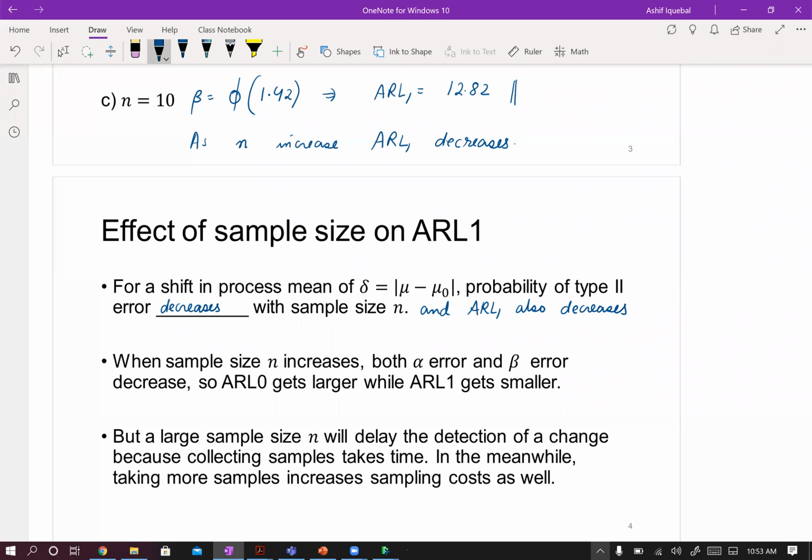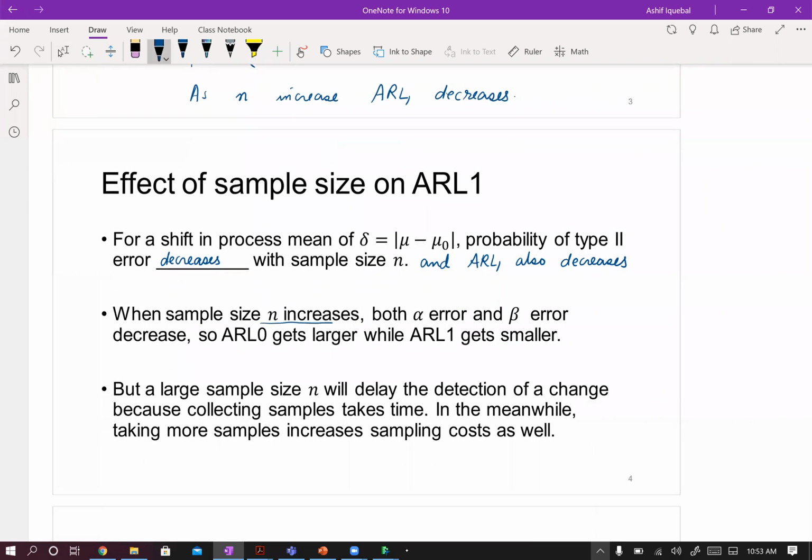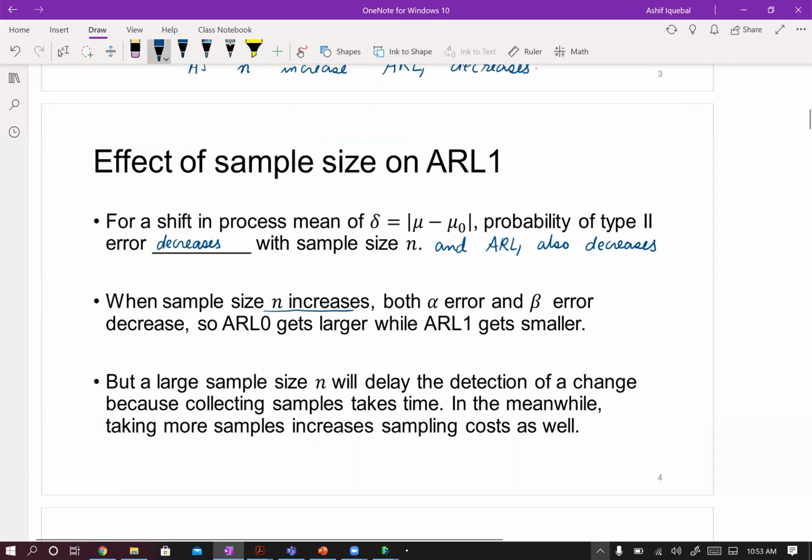In fact, when sample size n increases, both alpha error and beta error decrease. Now, when alpha error decreases, ARL0 gets larger because ARL0 is 1 by alpha, right? So if alpha decreases, ARL0 gets larger, while ARL1 gets smaller because ARL1 is equal to 1 by 1 minus beta, right?